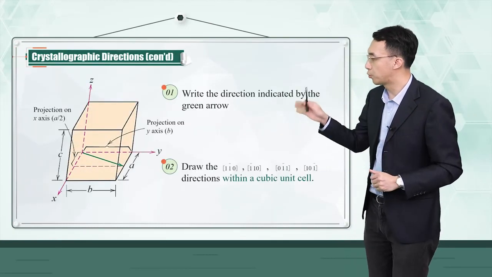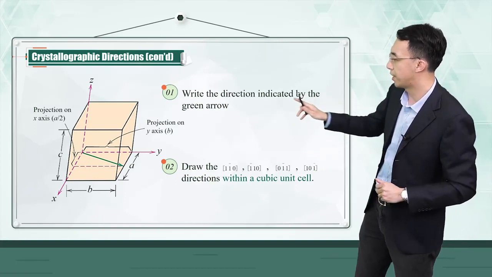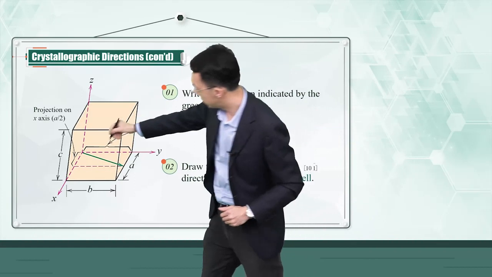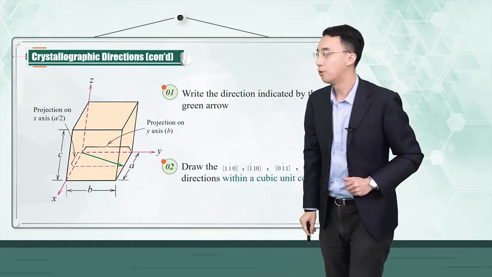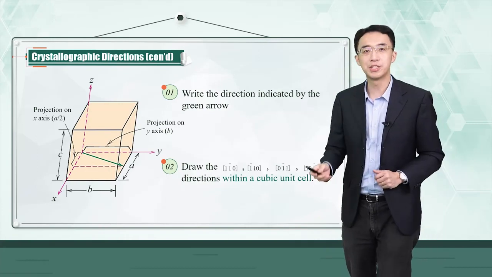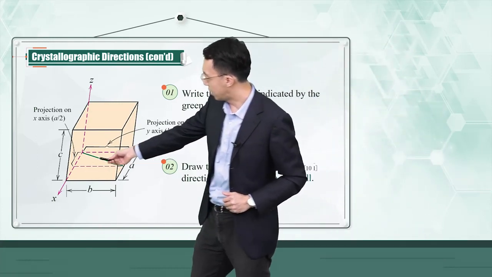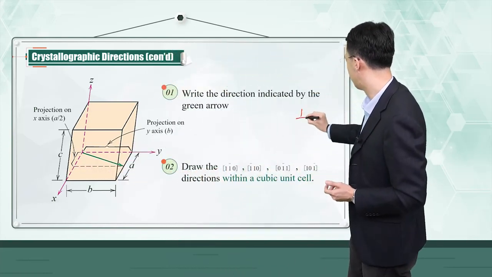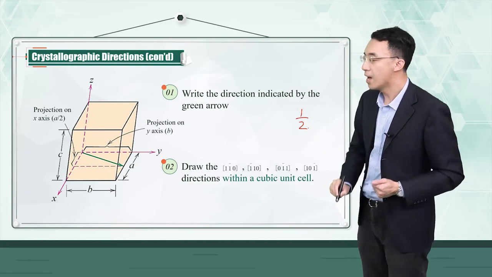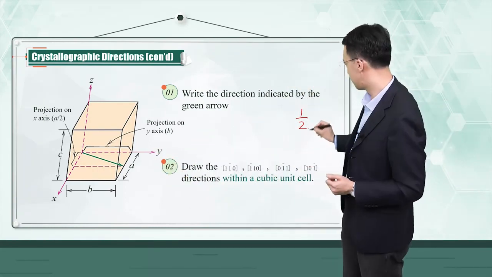A quick practice is this: write down the direction indicated by the green arrow here. So you write down the direction of this vector, following the sequence. Its projection on the x-axis is 1/2, and its projection on the y-axis is essentially 1.